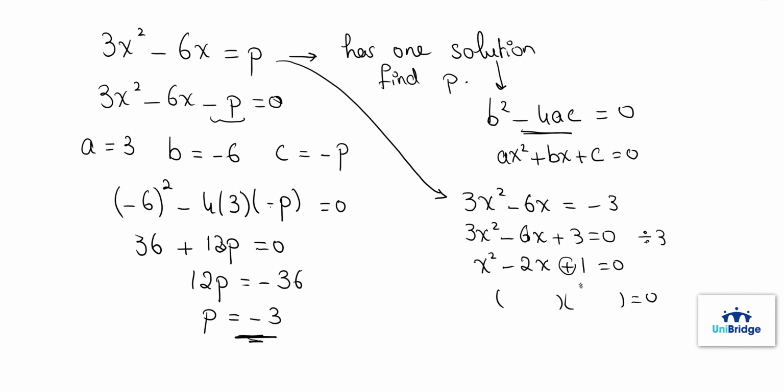If this is positive and this is negative, then both are negative, and definitely the numbers that multiply to 1 are 1 and 1. So as a validation, I got only one answer, which is that x is equal to 1. But the question is asking for the value of p that will make this have one solution, so your answer for that question is actually negative 3.